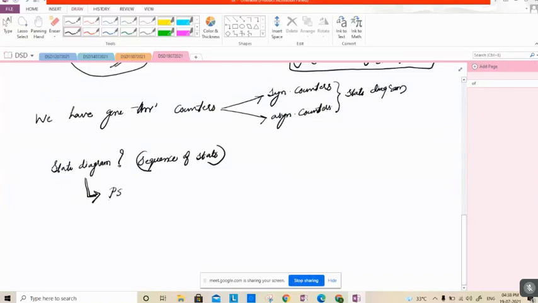Information on present state, information on next state, and any other information? External input. Okay, external. Next, any other information? Total possible states. Okay, next.